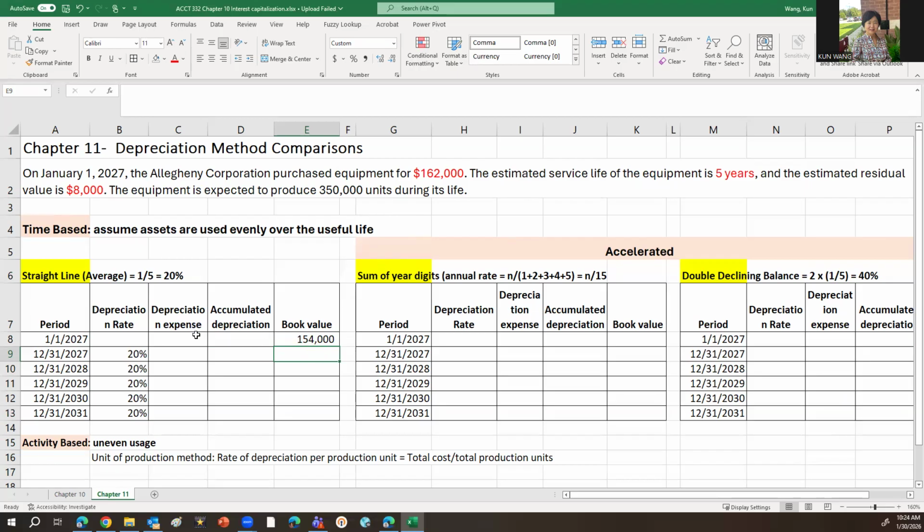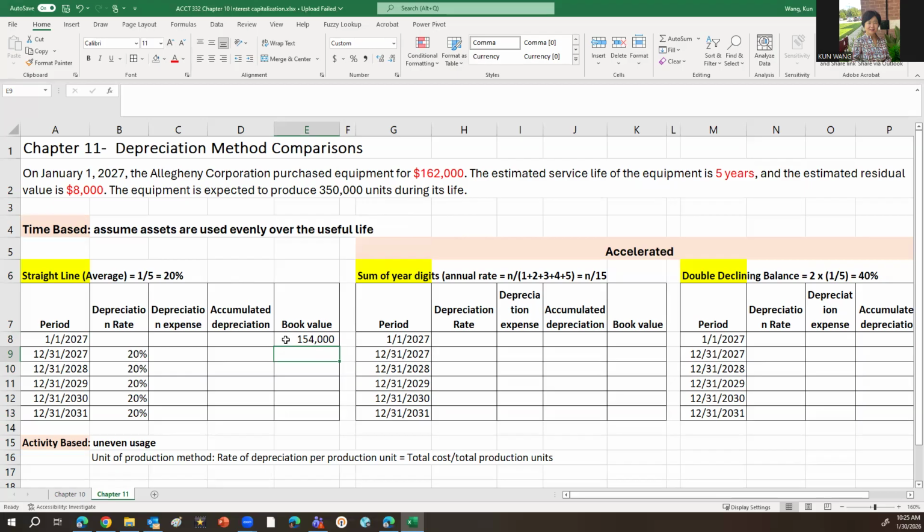So for the straight line approach and sum of year digits, which we'll touch on in a few moments, the depreciation cost equals the original cost minus any residual value. Okay, that's your allocation or depreciation base.